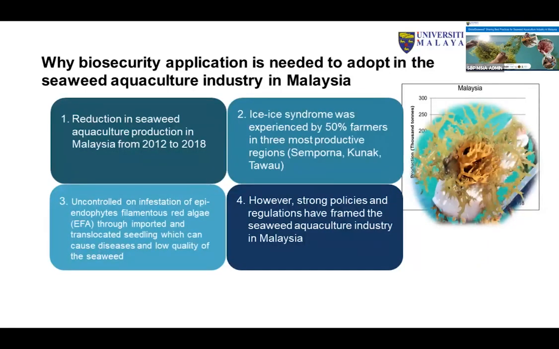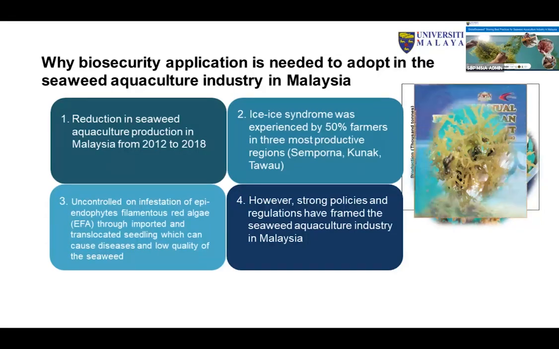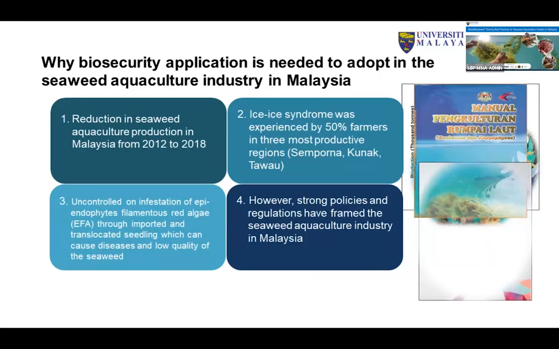There is uncontrolled infestation of epiendophytic filamentous red algae through imported and translocated seedlings, which can cause disease and low quality of the seaweed. However, strong policy and regulation have framed the seaweed aquaculture industry in Malaysia. So based on the challenges, we want to explore and study the condition of seaweed aquaculture in Malaysia using a biosecurity approach.